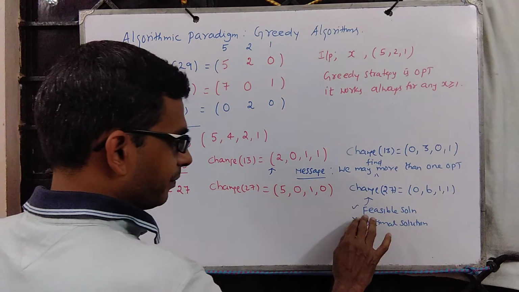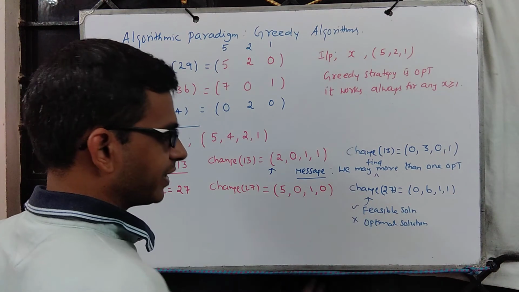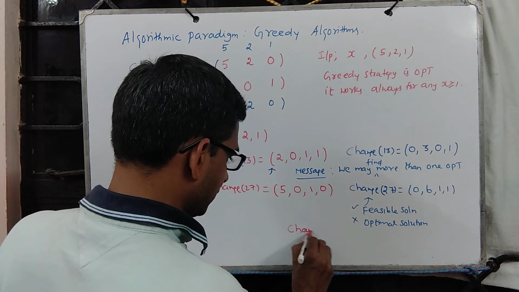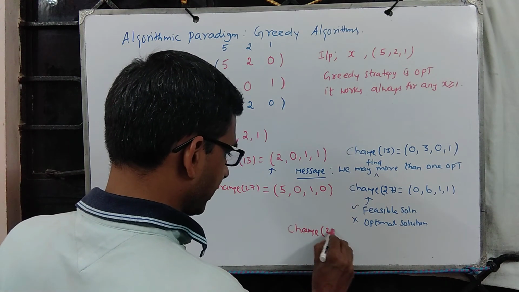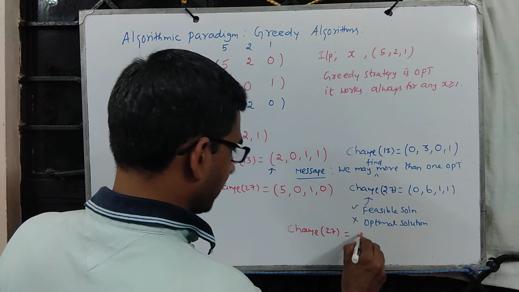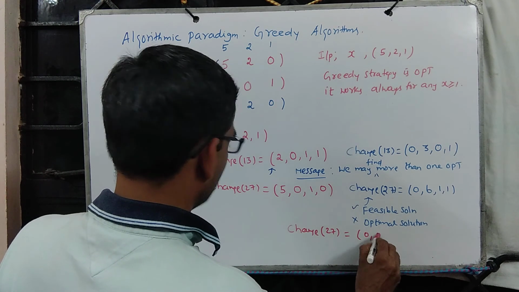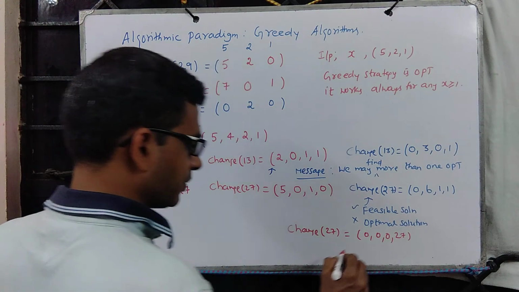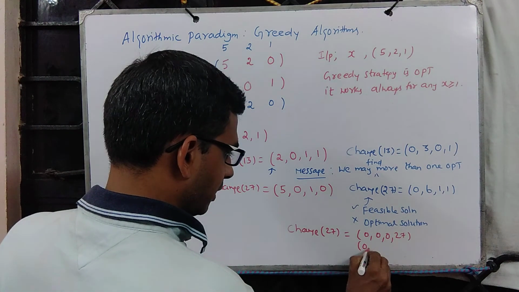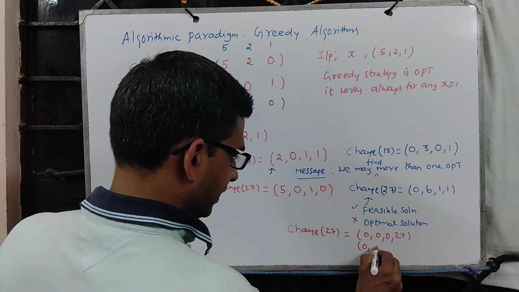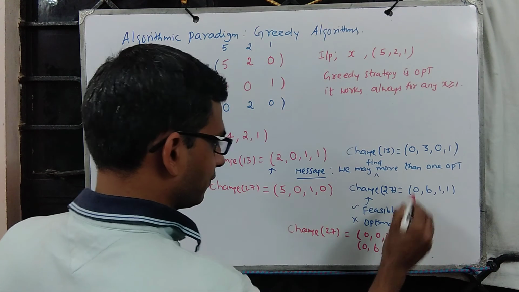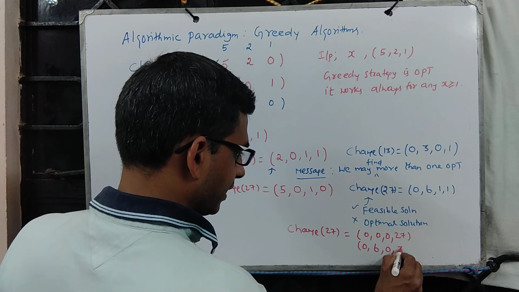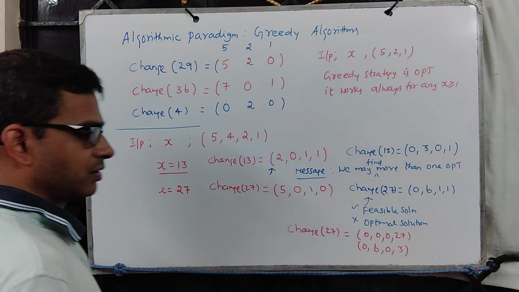We may find many feasible solutions for a given problem. For example, change of, say, 27: I can give 27 one rupee coins. This is also a feasible solution. Or you may give the one that we did now, six 4 rupee coins, no 2 rupee coins, we are left with 3 and three 1 rupee coins.